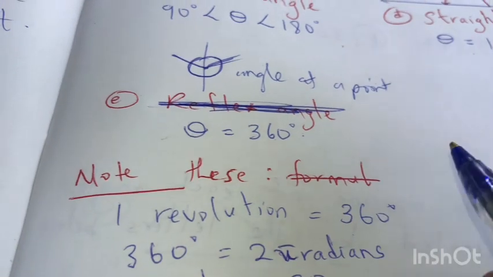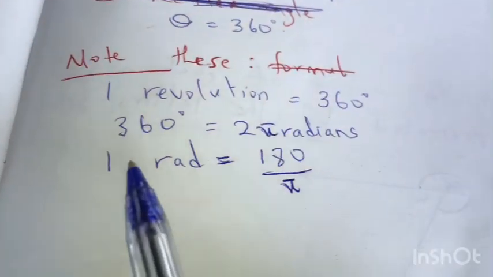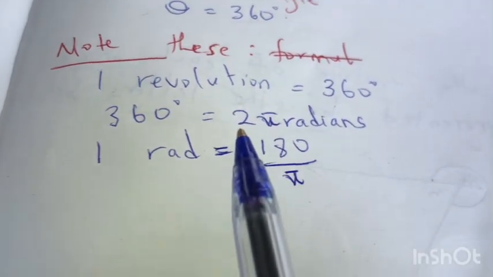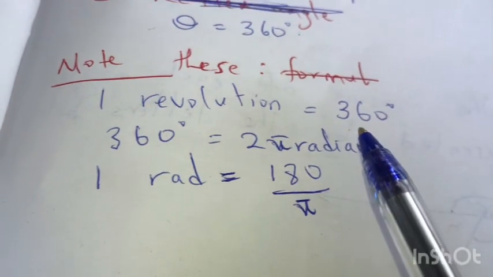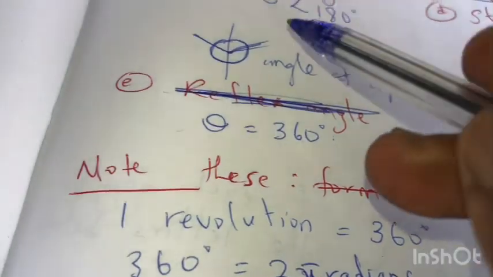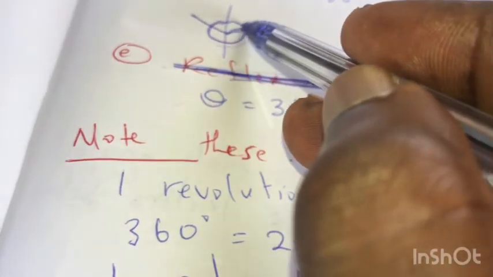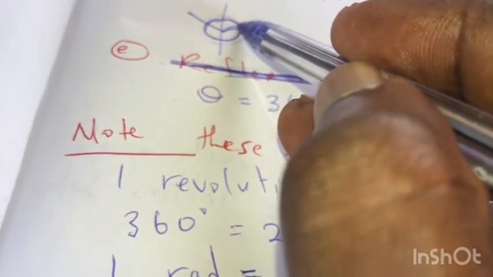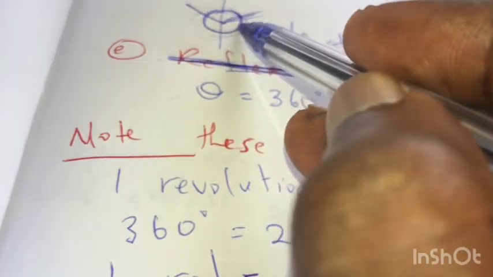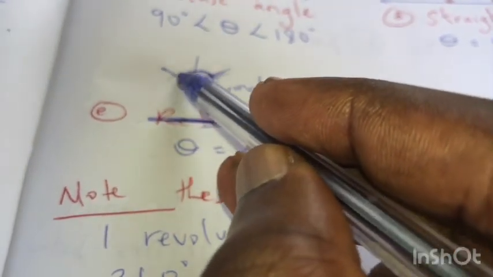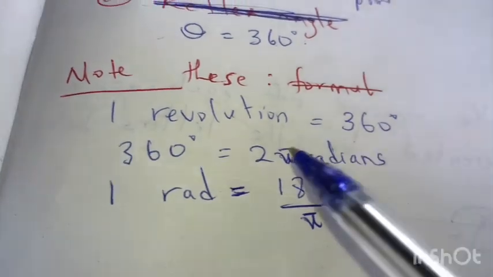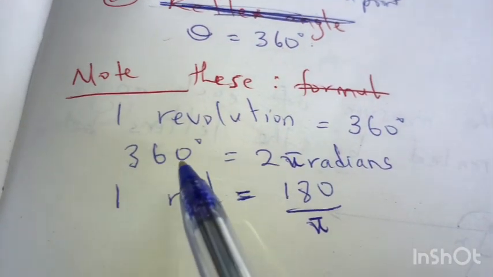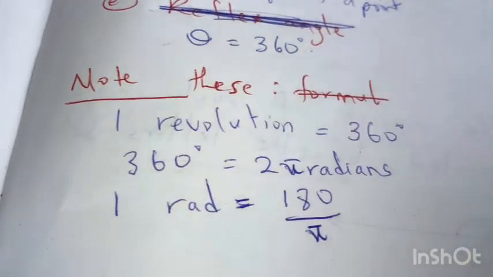Okay, let's note these formulas. One revolution, sometimes you'll be asked to solve certain things like this. One revolution is always equal to 360 degrees. So when we are revolving, like a planet is revolving around the sun, it moves around the sun. Okay, so this one, 360 degrees, is the same as one revolution. And this 360 degrees or one revolution is the same as 2 pi radians.